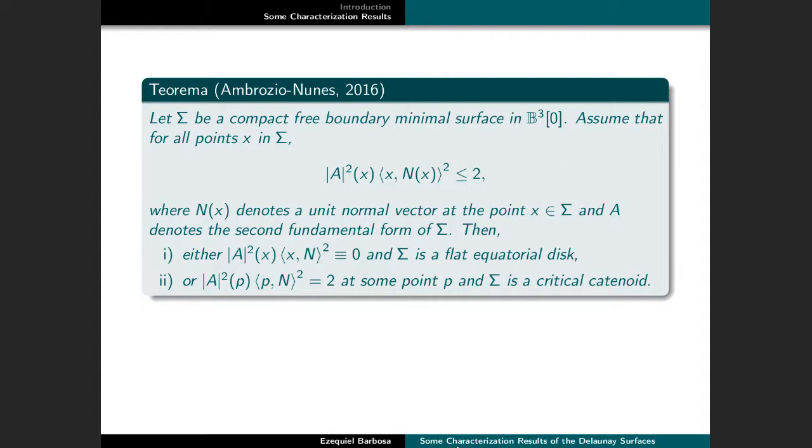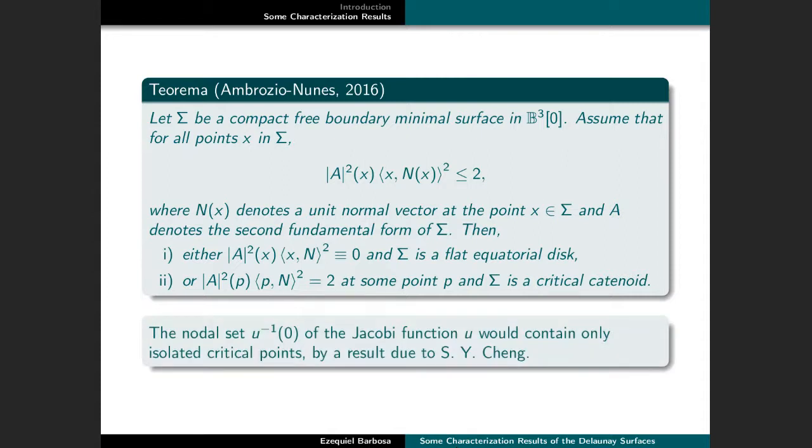They used another argument that is very useful in another situation. They used this result due to Chang that the nodal sets of a Jacobi function contain only isolated critical points. So what they have done was they considered a rotational function for this second situation here.